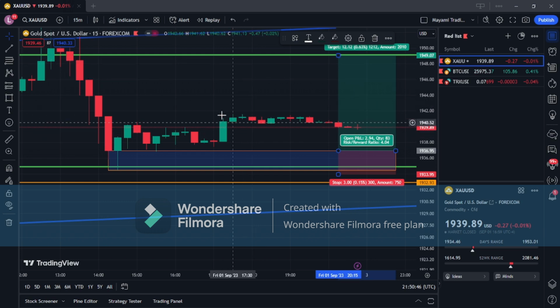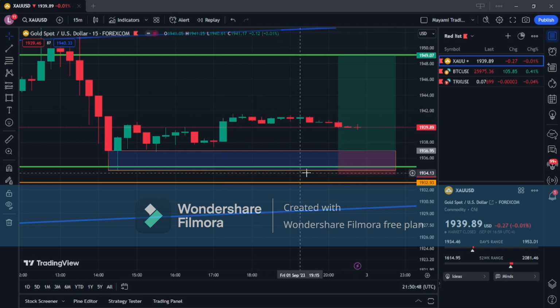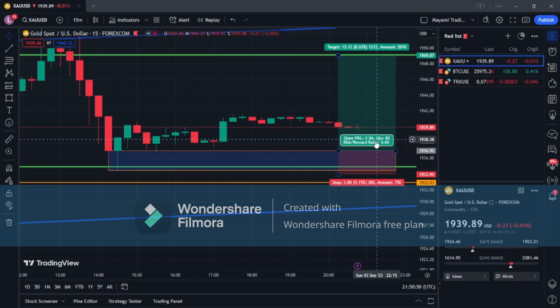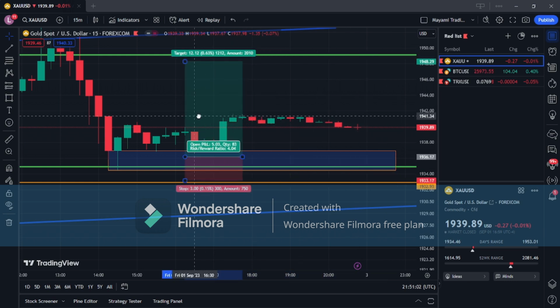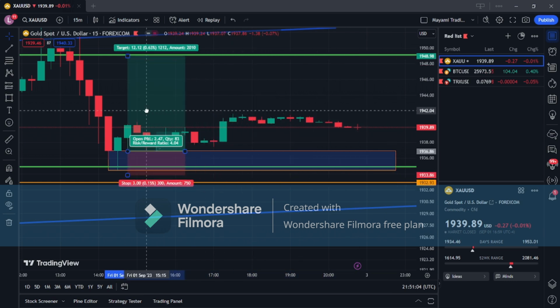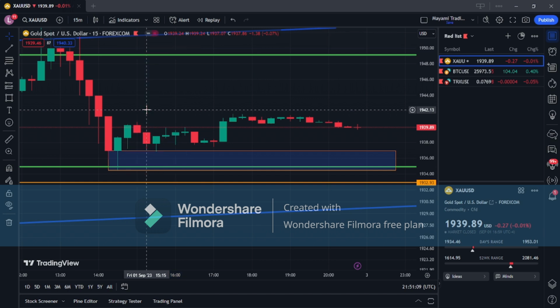I don't like taking unsafe trades, so I'm going to wait for it to retest this zone, and when it retests this zone, I'm going to take my buy, showing me a confirmation that this zone is still solid. So this is how you trade reversal. Reversal is just as simple as that, and you can get sniper entries from that because, as you can see, whatever is coming back here is bouncing back up.